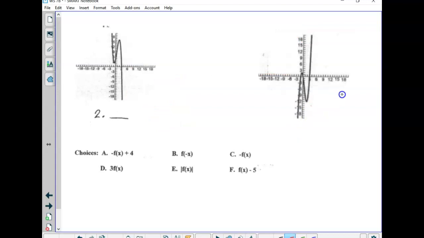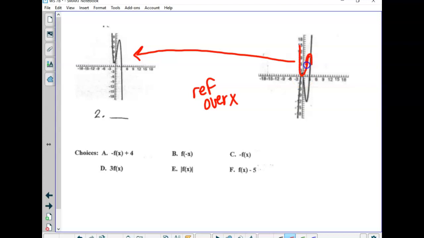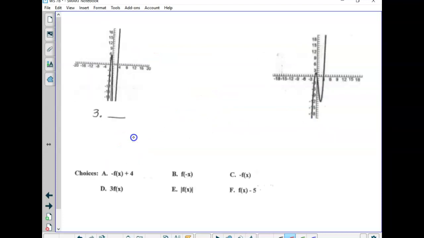What happened here? From this graph, that's the parent, to this one. It is reflected over x, which would actually look like this, okay? But then it's also shifted up, which is this one. Can you tell what happened here?